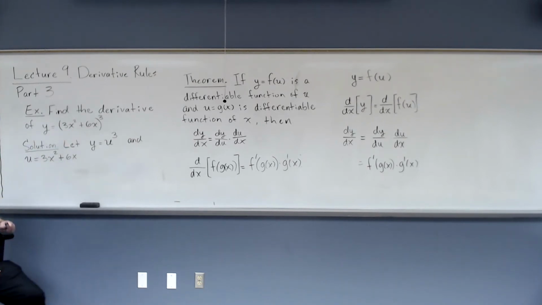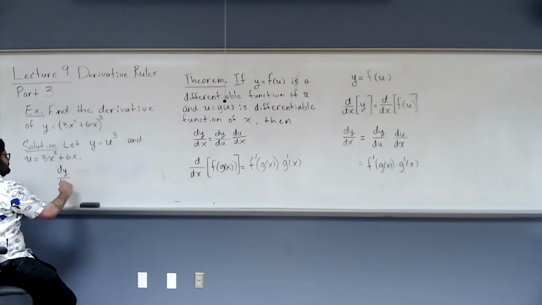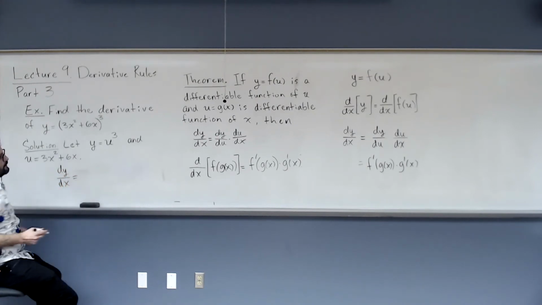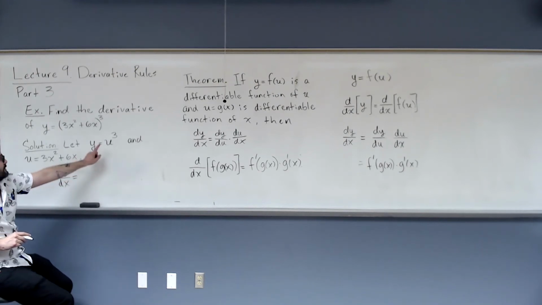Good? Okay. So if we want to find the derivative of y with respect to x, well, it's dy du times du dx. Dy du, the variable here is u, so we can take the derivative of this with respect to u.